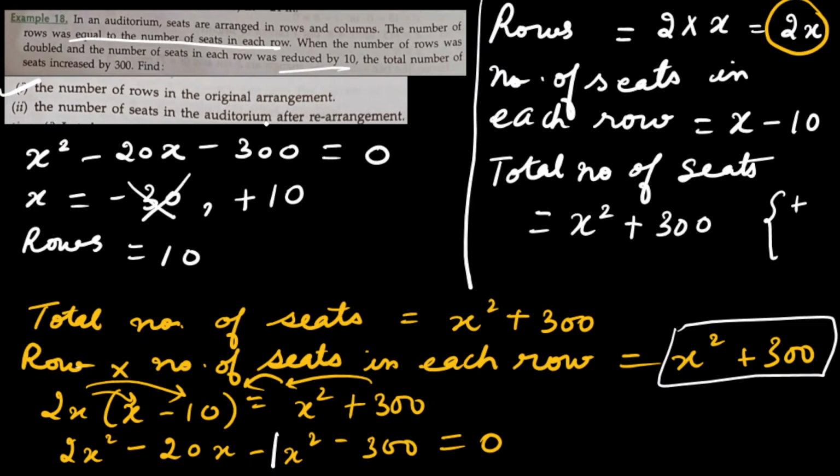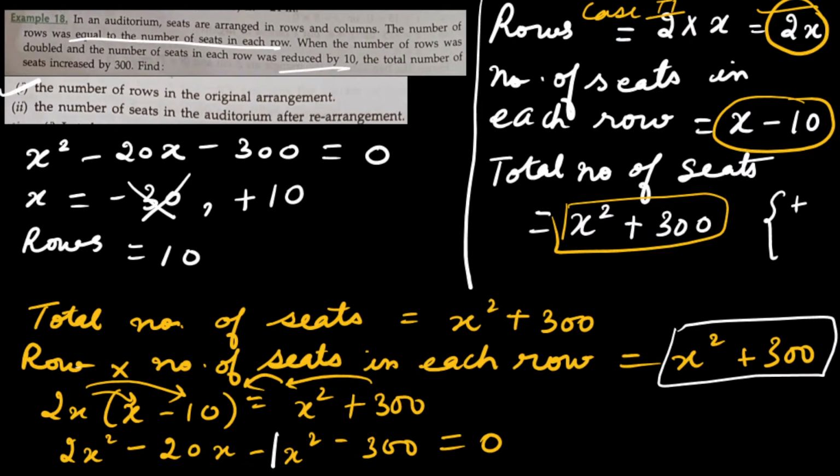Now the number of seats in the auditorium after rearrangement. After rearrangement, this is case two: the number of rows became 2x and the number of seats in each row became x minus 10, and we have to find the total number of seats.